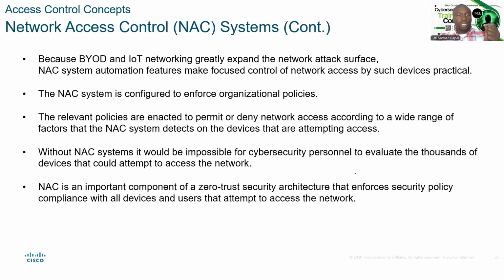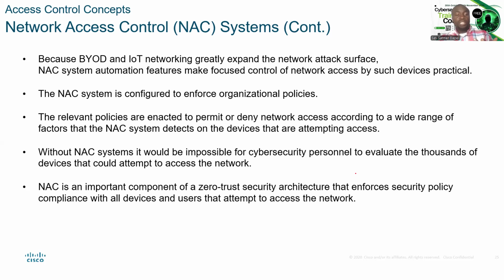Okay, so the network access control system is configured to enforce these organizational policies. The relevant policies are enacted to permit or deny network access according to a wide range of factors that the network access control systems detect on the devices attempting to access.